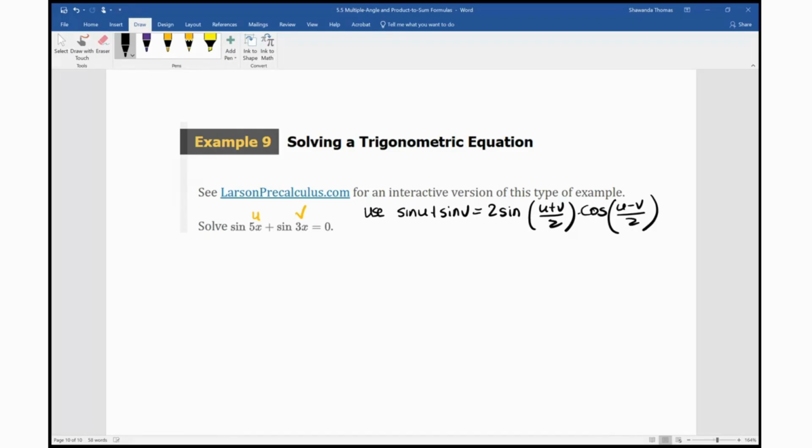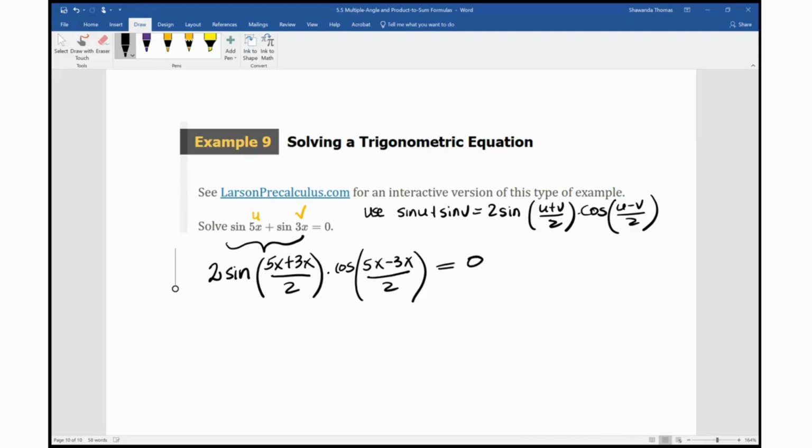So that means we have 2 sine of (5x plus 3x) over 2 times cosine of (5x minus 3x) over 2 equals 0.